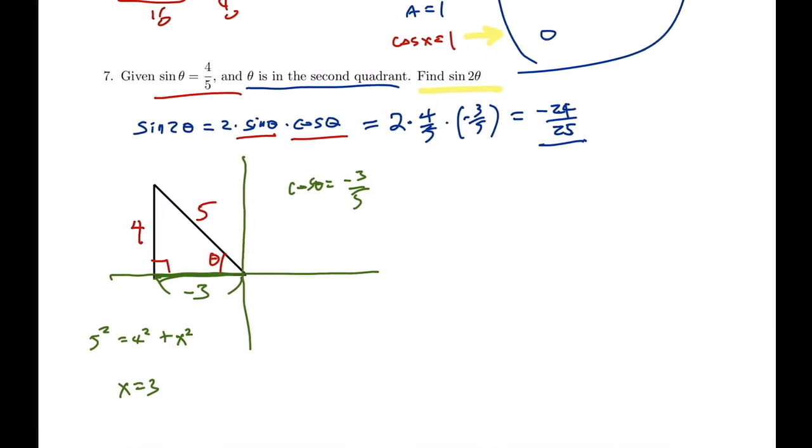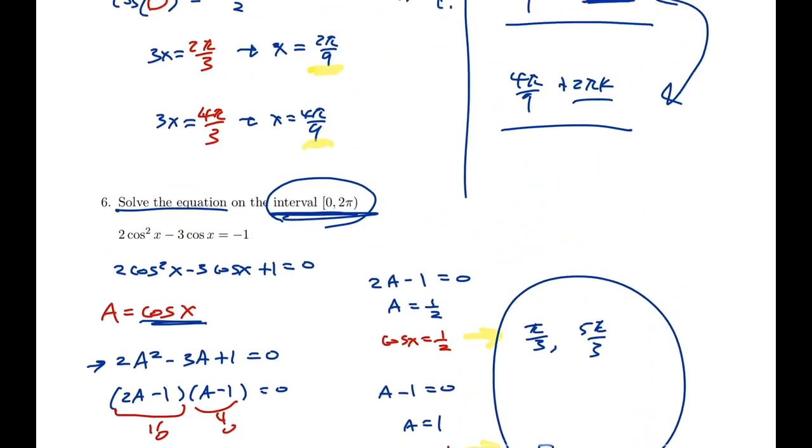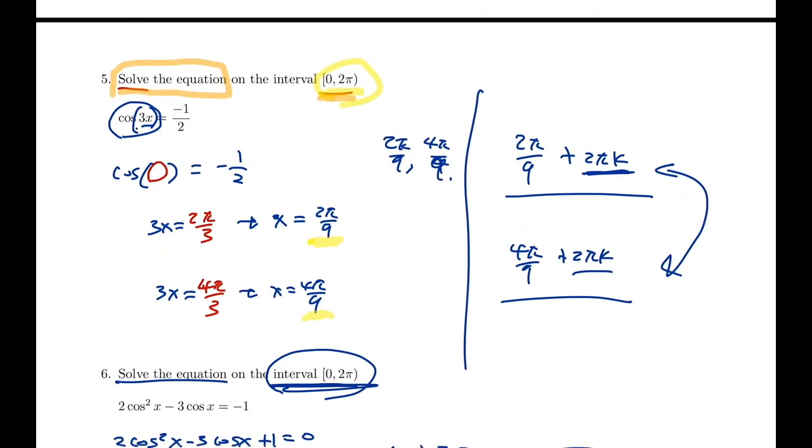Again, it says find sine 2 theta. So here, what should it indicate to us about what kind of problem this is? It's the fact that we have 2 theta here. Right? And it gives us different kind of information: second quadrant, and it gives us what sine theta is. Whereas the earlier one, we still have cosine 3x, right? But it has to solve the equation on this given interval.